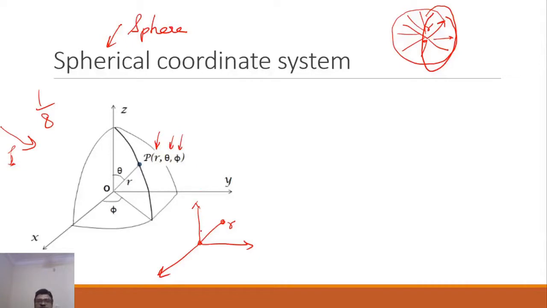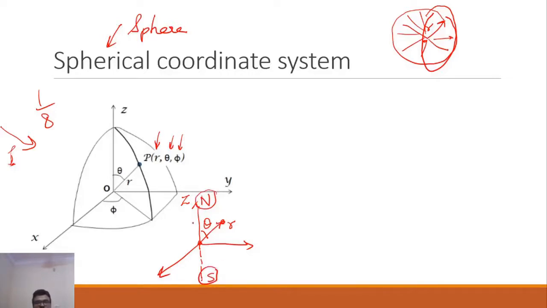One is angle theta. This angle theta is known as polar angle and it tells us the angle between z-axis and this radius, this line which is showing us the radius r. And this theta has the limit of only 180 degree, means this radius can move only from this north pole to this south pole.